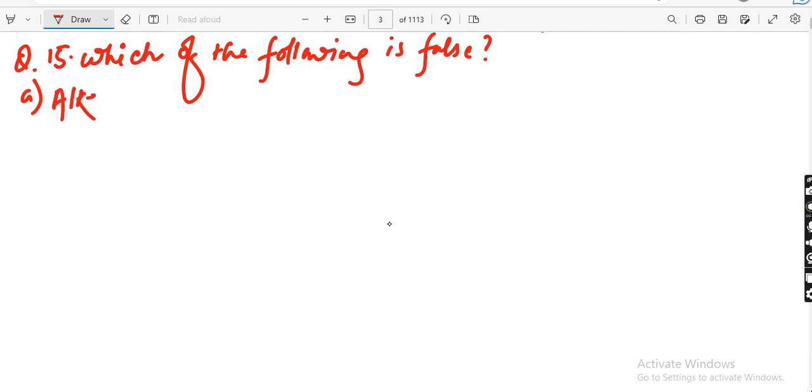This is very right. Alkene is more polar than alkanes, right?